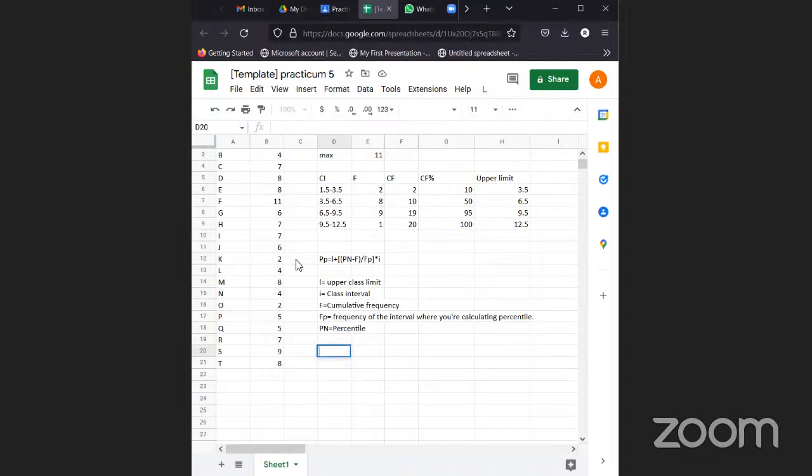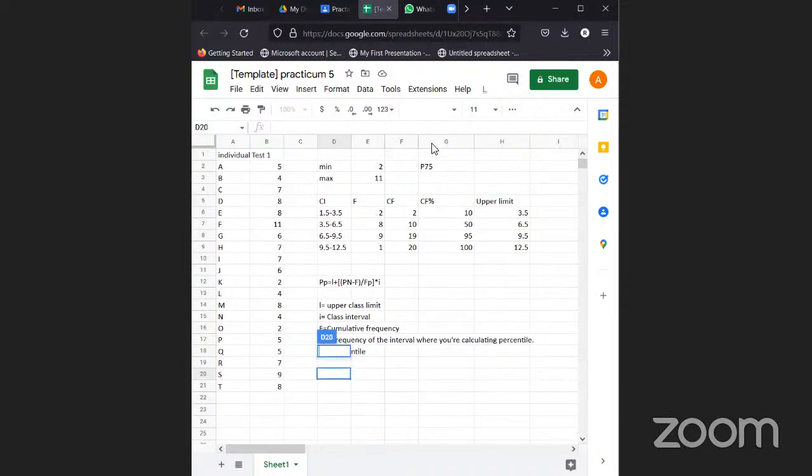It is the number of values below that particular score divided by the total number of values. So here we are trying to find out P75. If we try to find P75, it's nothing but 75% of the 20 people, because we are trying to find out what this 75th percentile would be.